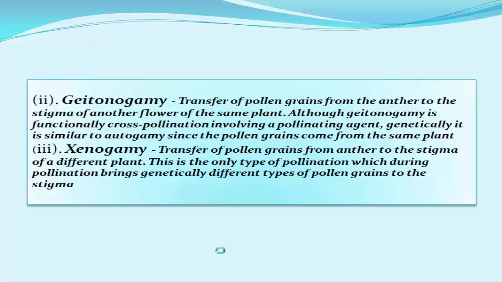Geitonogamy: transfer of pollen grains from the anther of one flower to the stigma of another flower. That means here the pollination is occurring between two flowers, but both the flowers are developed on the same plant.